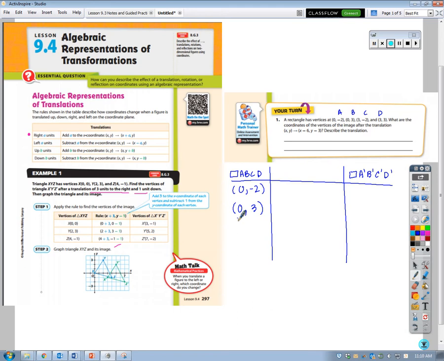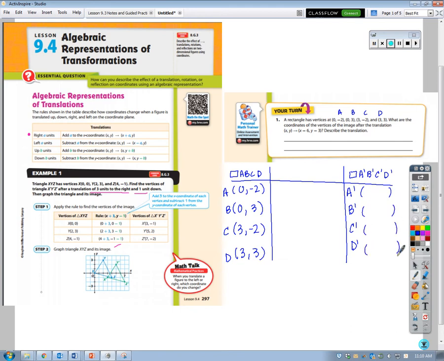Then I've got 3 and negative 2, and my final point here is 3 and 3. And just to stay organized, I just label these A, B, C, D. You didn't have to, but it's just kind of one of those things that helps me out a little bit. So then I'll have A prime, B prime, C prime, and D prime. My new coordinates.